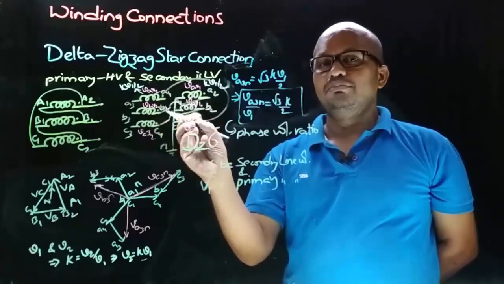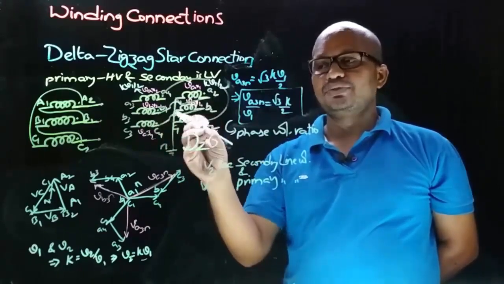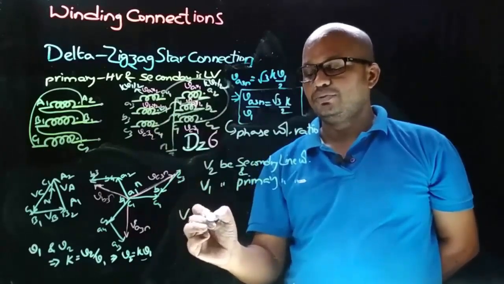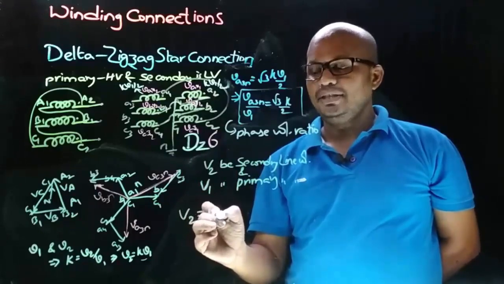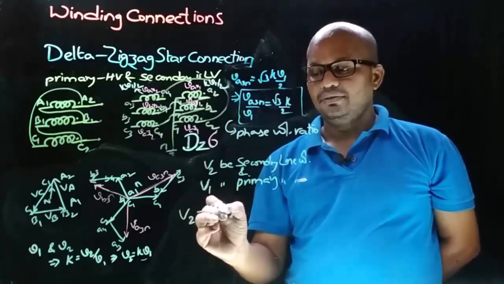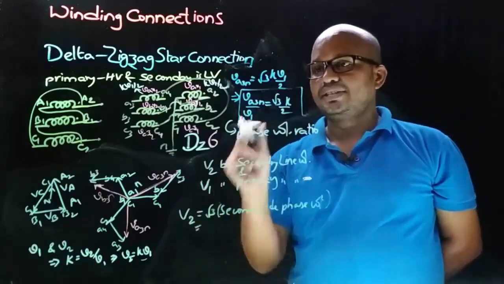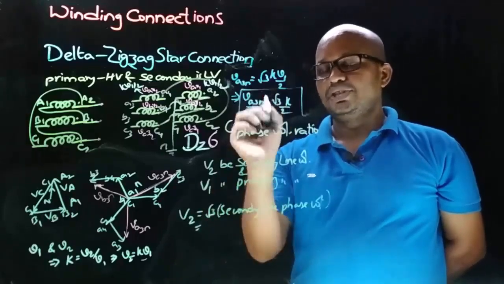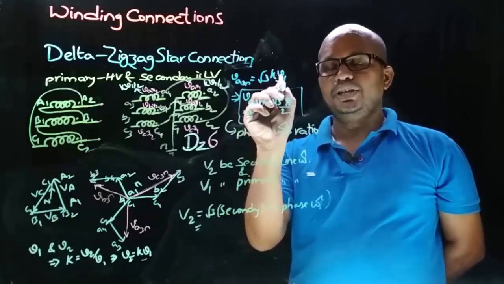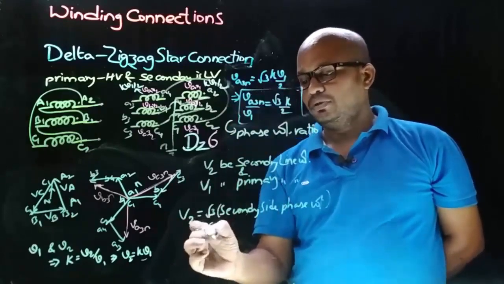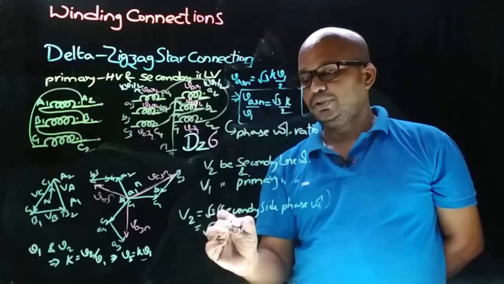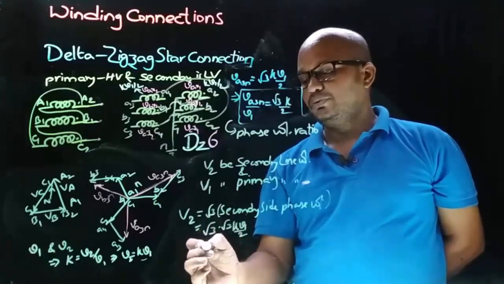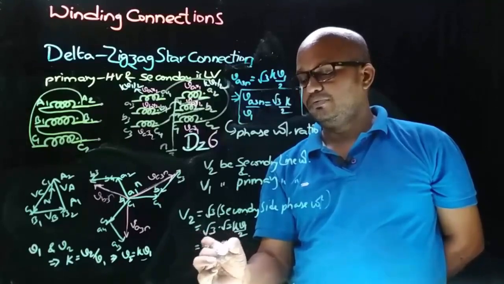Therefore, the relation between the line voltage and phase voltage for star connection is secondary side line voltage V2 is equal to root 3 times the secondary side phase voltage. And here the secondary side phase voltage is VA3N, which is equal to root 3 into K into V1 by 2. Therefore, place this here, root 3 into root 3 into K into small v1 by 2, which will give you 3 into K into small v1 by 2.